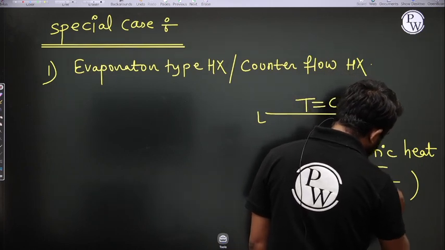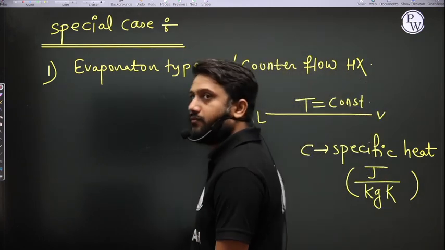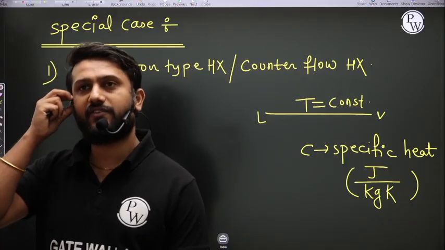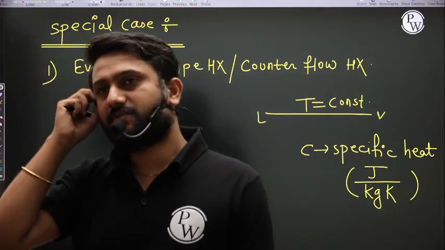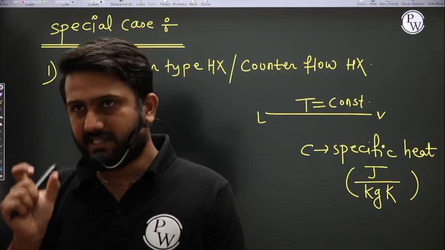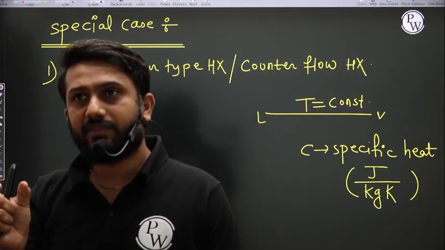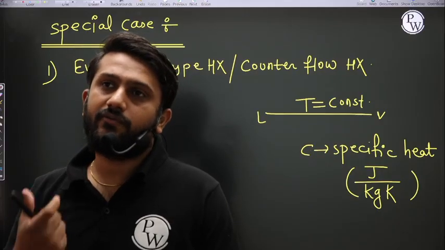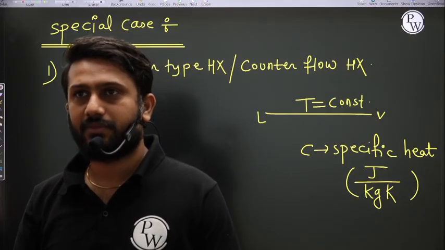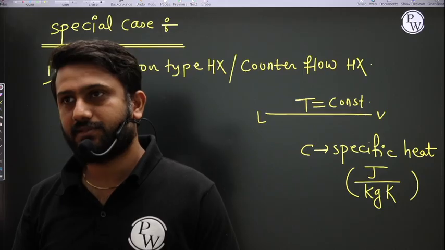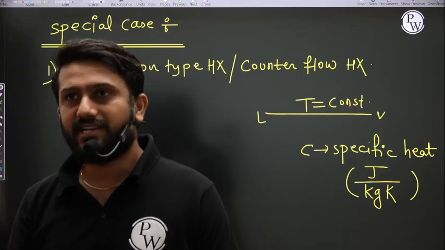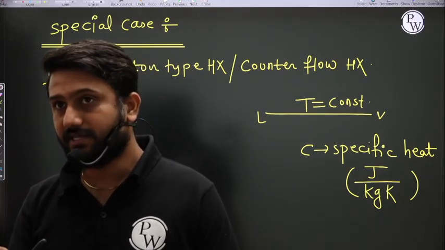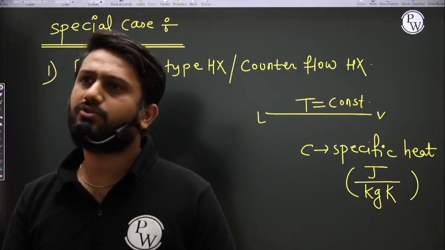And what is the definition of the specific heat? Specific heat is the amount of heat energy which is required to change the temperature of 1 kg of substance by 1 Kelvin or 1 degree Celsius, right?